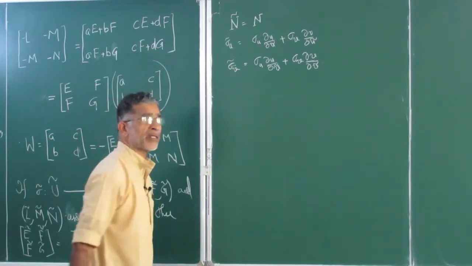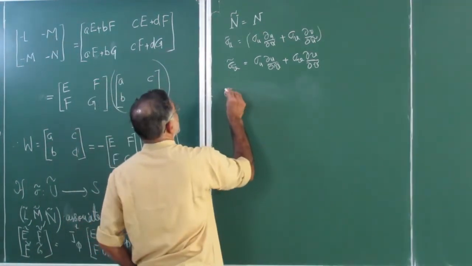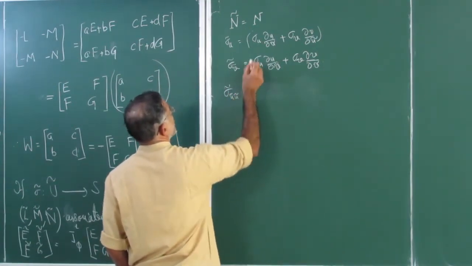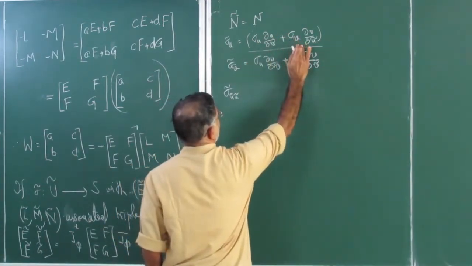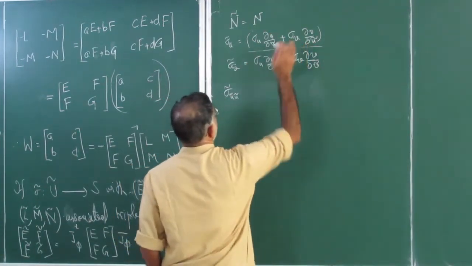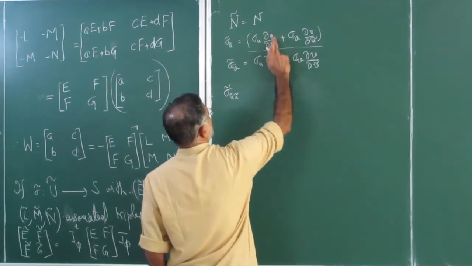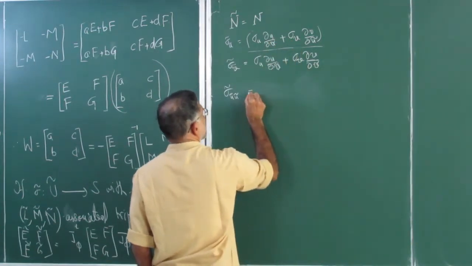Now, what is required is the second derivative, sigma tilde u tilde u tilde. That means you have to differentiate this with respect to u tilde. So, look at this guy. This is already a function of u, which is a function of u tilde, v tilde. So, therefore, you can directly do that.